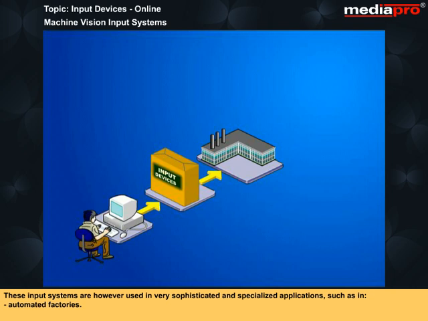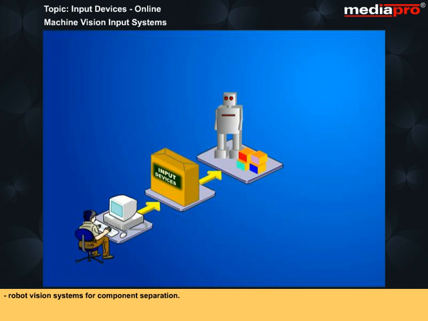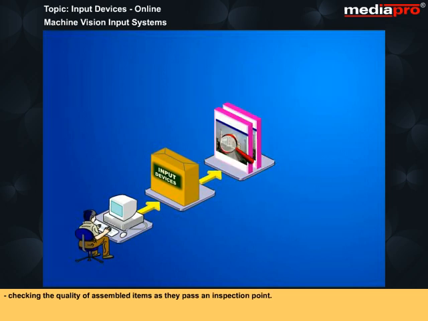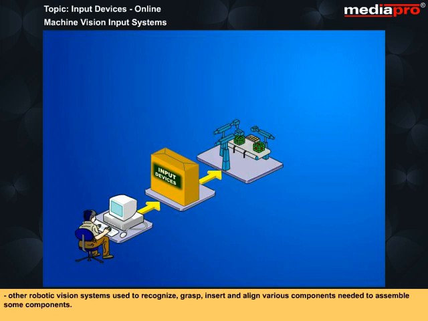These input systems are, however, used in very sophisticated and specialized applications such as in automated factories, RoboVision systems for component separation, checking the quality of assembled items as they pass an inspection point, and other robotic vision systems used to recognize, grasp, insert and align various components needed to assemble some components.